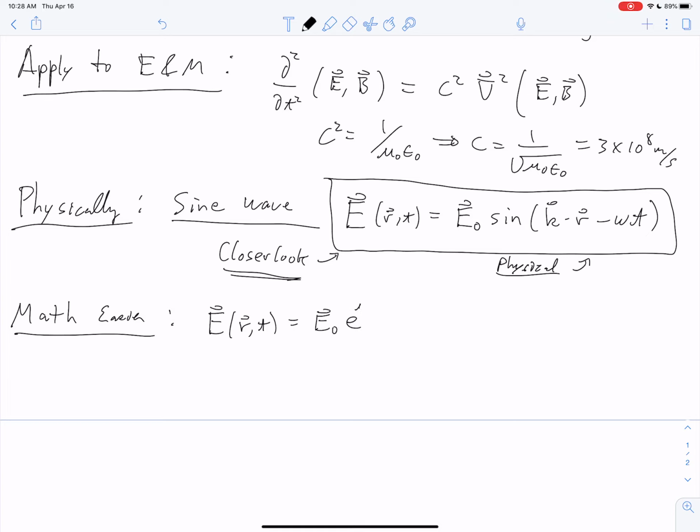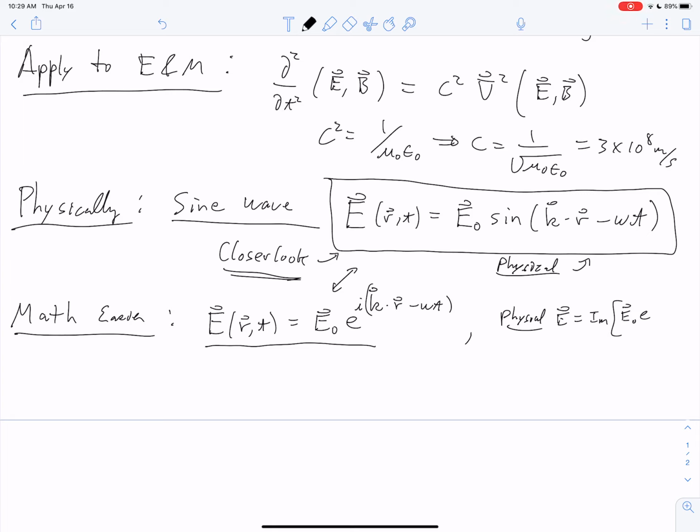We can say that it's a complex wave, with k dot r minus omega t in the exponent. So we use the complex exponential. We're talking about the same wave, so this is the same thing, and we'll do the math. But at the end, we have to remember that the physical E, the actual electric field, is equal to the imaginary part of this.